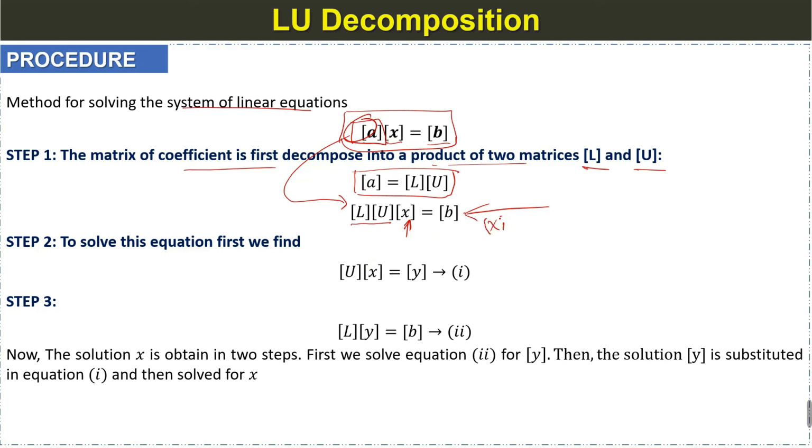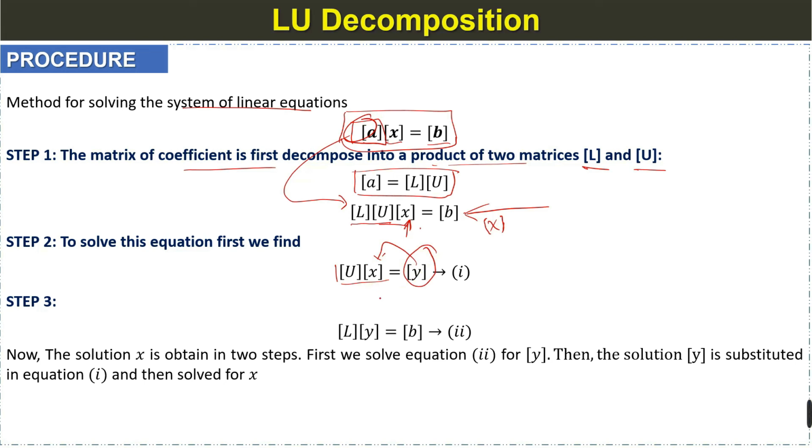Okay, so we solve this equation in two steps. First we have the product of the upper triangular matrix with the matrix x equal to some arbitrary matrix y of the same order as the matrix x.